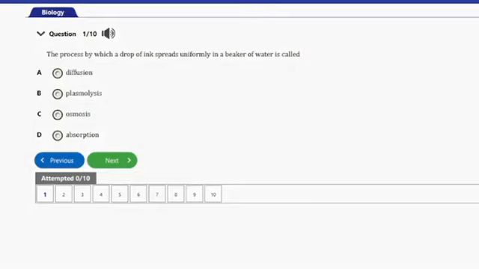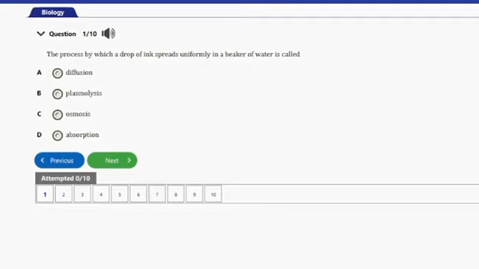It says, the process by which a drop of oil spreads uniformly in a beaker of water is called: A. Diffusion, B. Plasmolysis, C. Osmosis, D. Absorption. The answer to this question is option A, and that's diffusion.